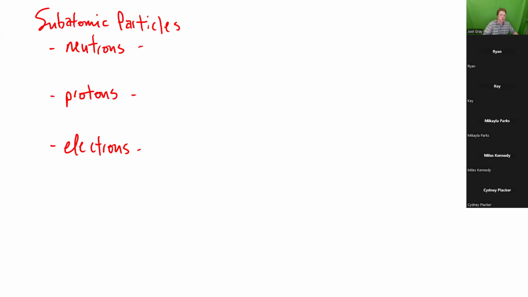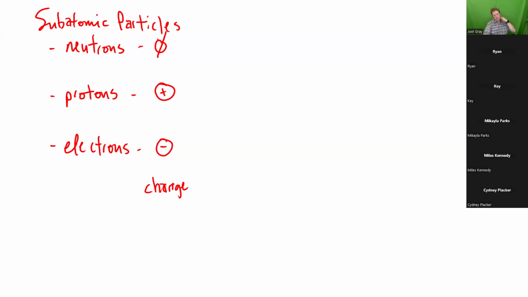Does anyone remember what the charge of a neutron was? I'm going to make this like a table here. Charge. Exactly right. Neutrons have no charge whatsoever. Neutral is another way of putting it. What about protons? Positive. Perfect. And then last but not least, electrons. Negative. Perfect.